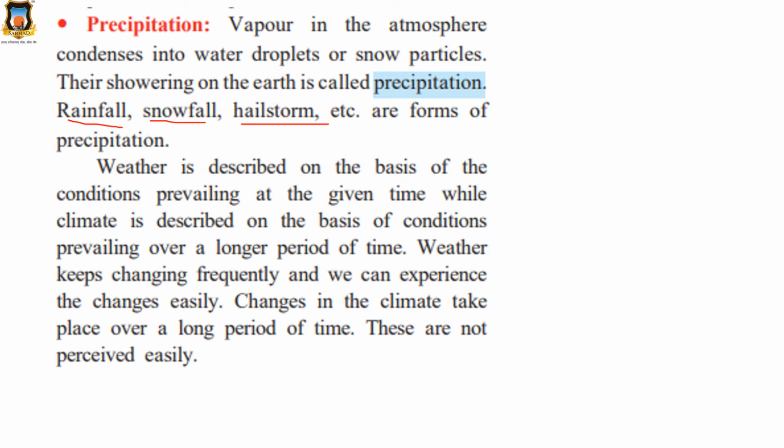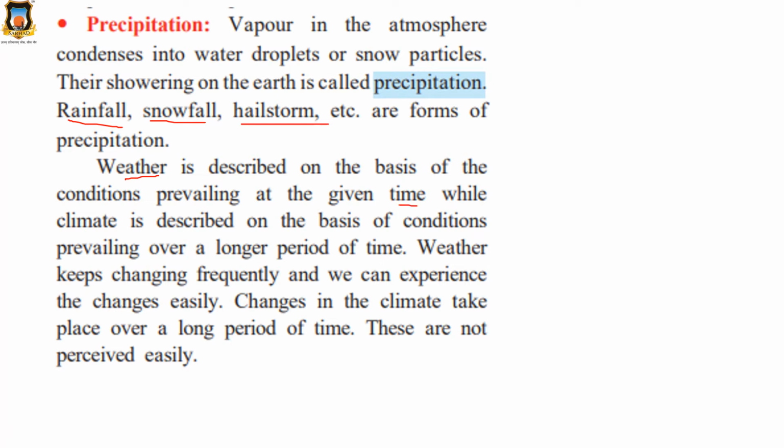Weather is described on the basis of the condition prevailing at a given time, while climate is described on the basis of condition prevailing over a longer period of time. Given means just now.